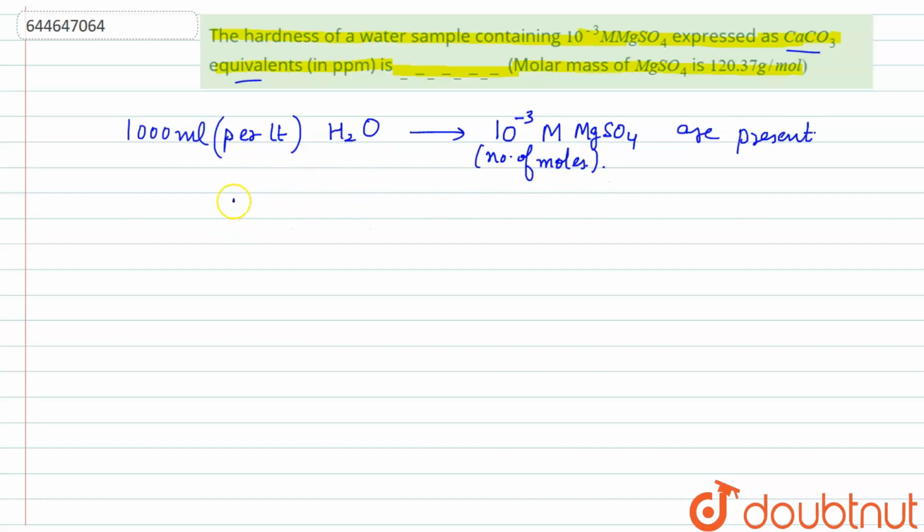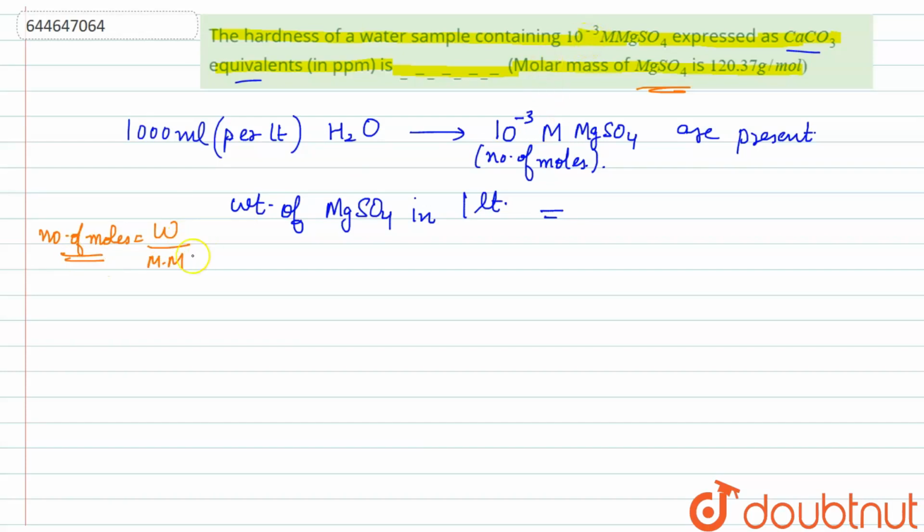Now we can calculate the weight of MgSO4 in 1 liter. We are given here the molar mass, and we know that number of moles is equal to given weight upon the molar mass, and we have number of moles, that is 10 to the power minus 3, and we have molar mass given, which is this value.